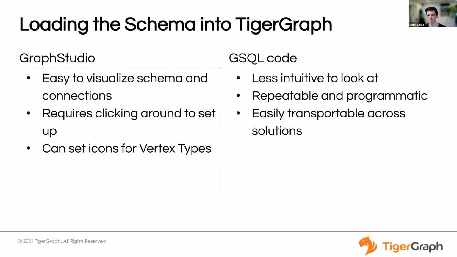There's that nice handy export solution, which will give you the GSQL representing what you just created through the visual interface. So personally, I like to start there just because it's easier. And then eventually I transition into GSQL code as I need to be able to spin up, spin down that solution or make changes from outside of the Graph Studio interface.